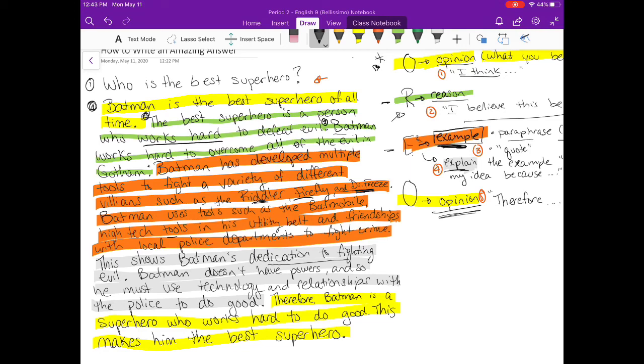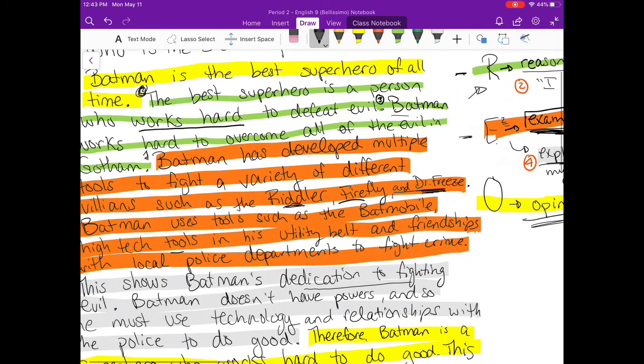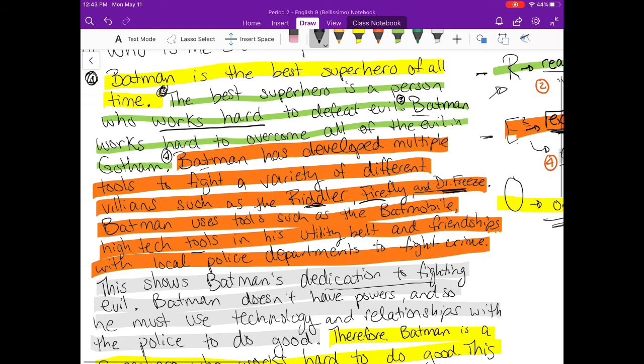So I broke my example down into 2 parts. You could keep it as 1. So what are we at? Sentence 3. This is sentence 4. Batman has developed multiple tools to fight a variety of different villains, such as the Riddler, Firefly, and Dr. Freeze. Batman uses tools such as the Batmobile, high-tech tools in his utility belt, and friendships with local police departments to fight crime.